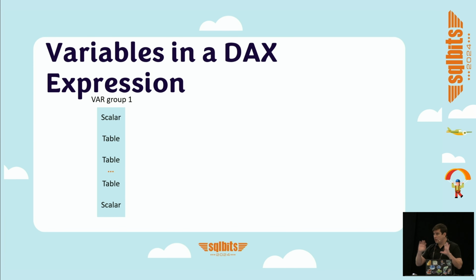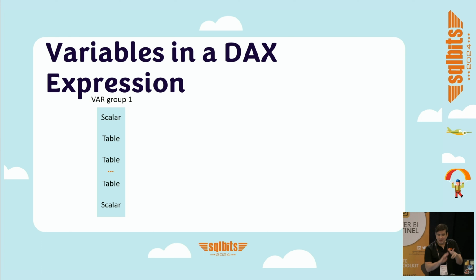The RETURN here is mandatory whenever you are in a local VAR group. Let's talk measure to make it clear. I can open a VAR group and name the first variable, the second, the third, and whatever variables I might need. Why are they called variables? Because the output type of each variable can be either a table or a scalar value: number, date, string.